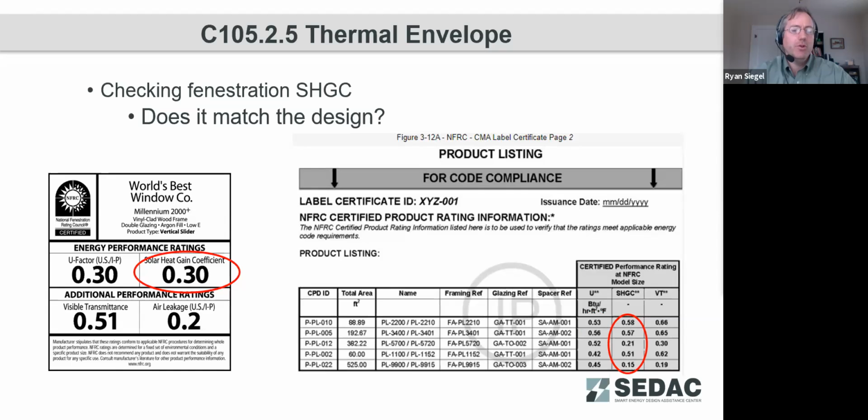So after the U factor, or the transmittance factor, looking at the solar heat gain coefficient, depending on where you are, this may or may not be applicable for your area, but just making sure that it matches the design because as buildings are getting better and better, it's not uncommon where we are now looking to take advantage of that solar heat gain to assist in the heating of buildings rather than just relying on the heating system alone.